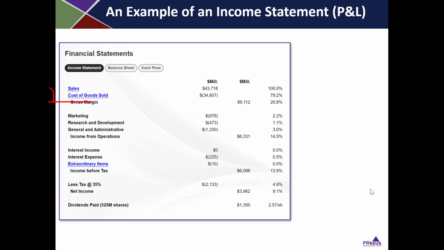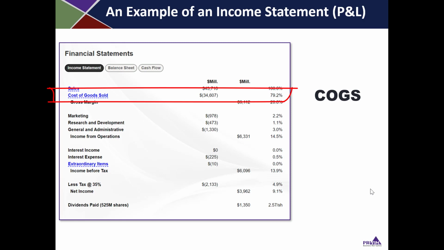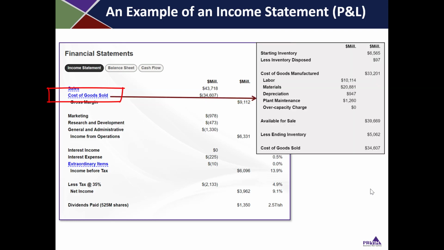So the next line, COGS, or cost of goods sold, is actually 79.2% of sales, is what that's telling you. And actually, let's go ahead and talk about what's included in that line item, COGS. Because COGS are expenses, including labor and materials, and in this case, you see in the box, depreciation.